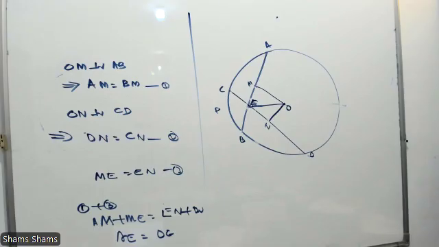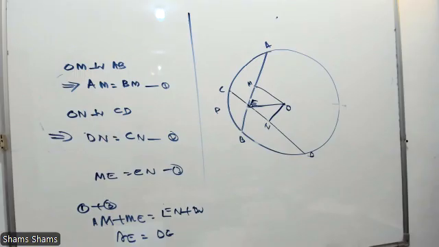Consider triangles OME and ONE. Angle M equals angle N, equal to 90 degrees by construction. Then OM equals ON, since equal chords are equidistant from the center.